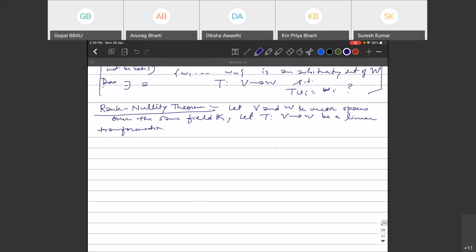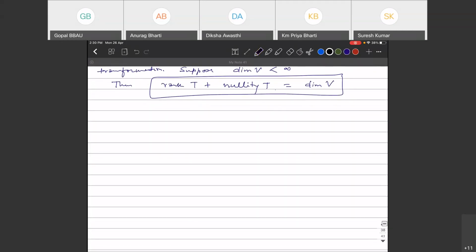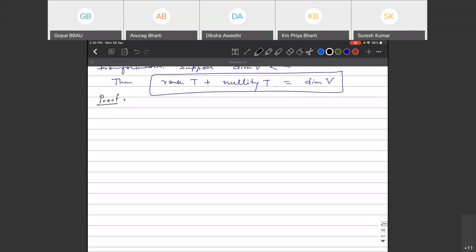Now assume that V is of finite dimension. Suppose dimension of V is finite. Okay, this is finite dimensional. Then rank T plus nullity T equal to dimension of V. So we shall see a proof of this. Let's first prove this. Okay, how do we do this?